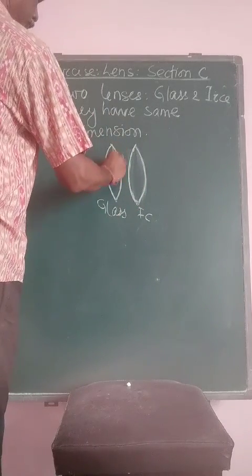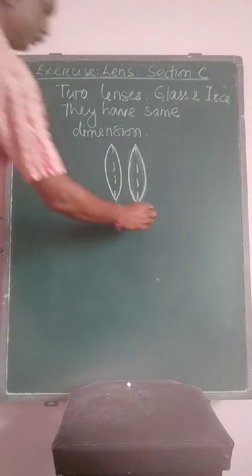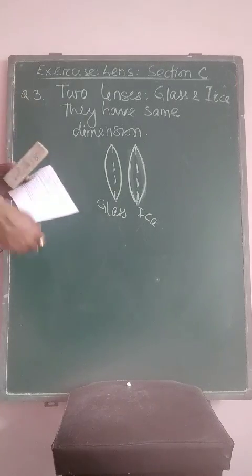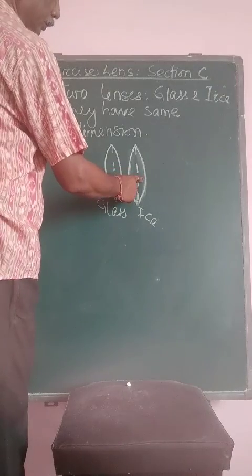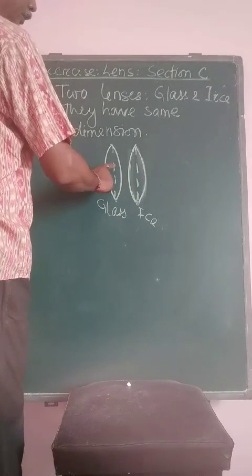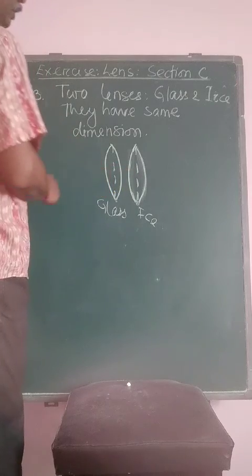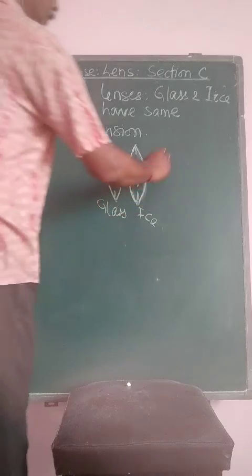What are the factors that affect focal length? Here the radii of curvature are the same, only the materials are different. Since the materials of the lenses are different, they will have different focal lengths.